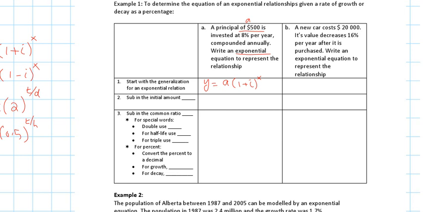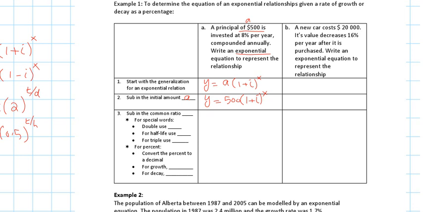Then we're going to sub in the initial value. So where A is, we are going to replace it with the initial value, which in this case is 500. Okay? I'm showing you step by step here what you need to do, but at the end, you don't have to show me that specific step, right? You can plug in 500 and the i right away if you want.